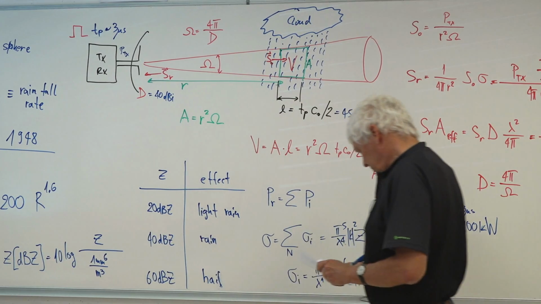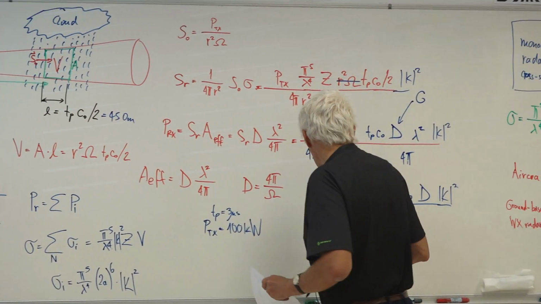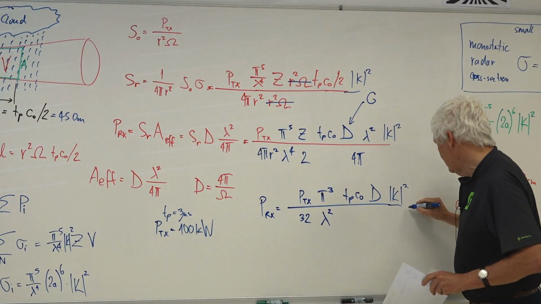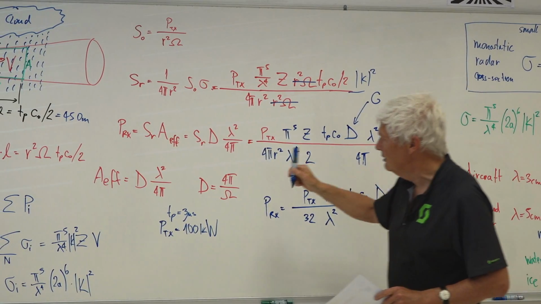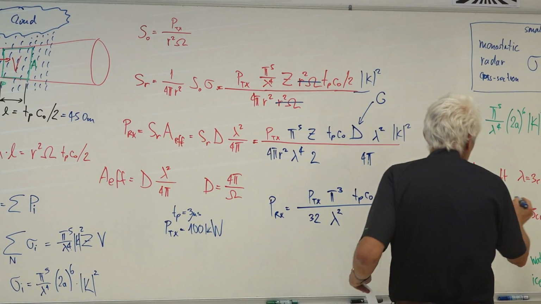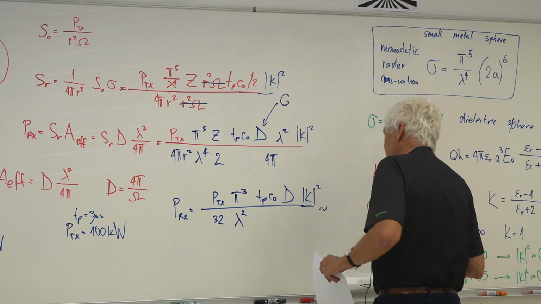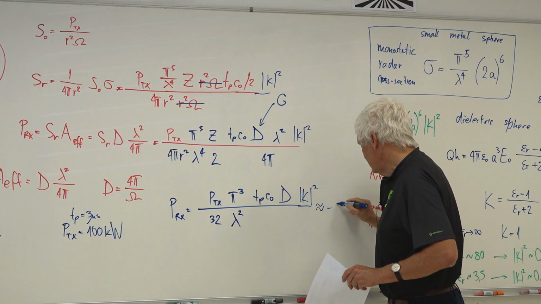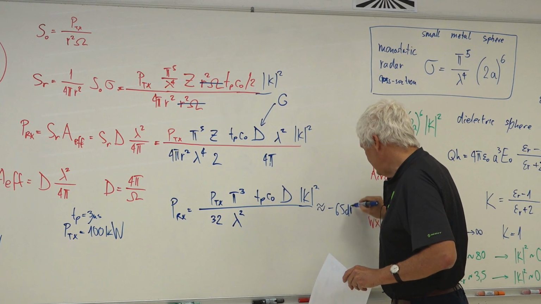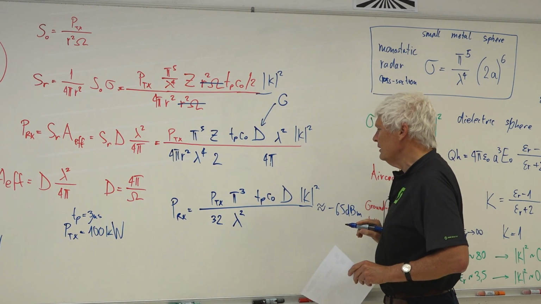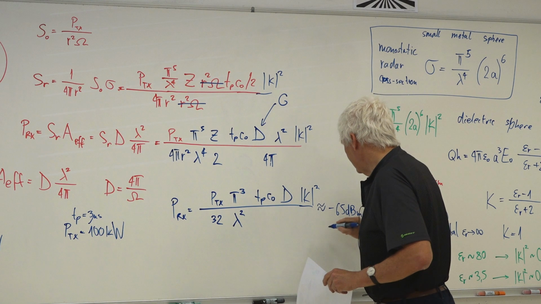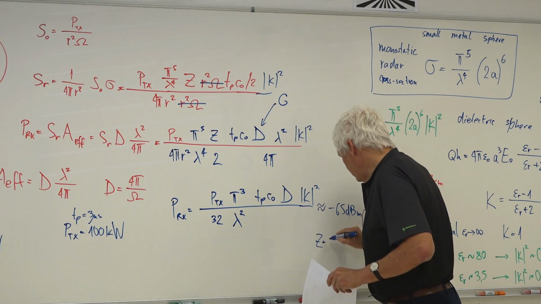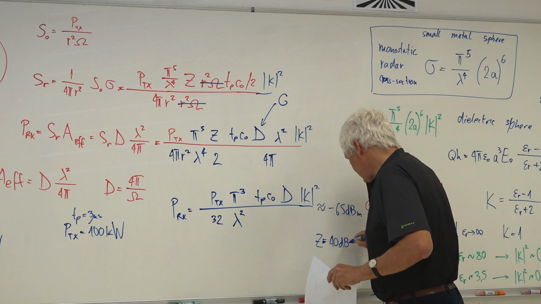In this case, what we get here, this power with all this data and lambda 5 centimeters. We're taking lambda 5 centimeters for a typical weather radar. This is going to be around minus 65 dBm for a Z equal to 40 dBZ for a typical rain.